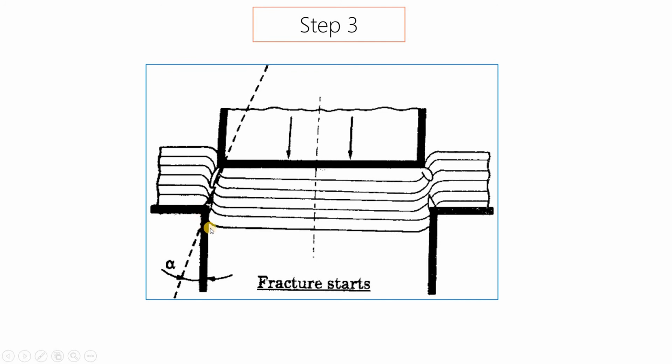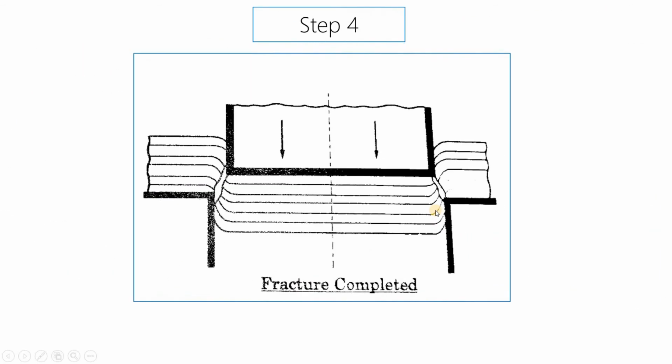That portion that was deformed, the permanent radius formed in the previous step, will start breaking, or we can say it will start fracturing. In the last step, if we continue to apply force, it will get permanently fractured and separated from the sheet strip.